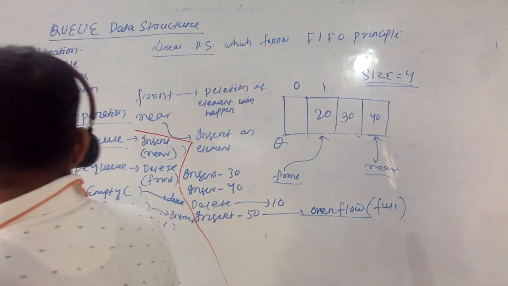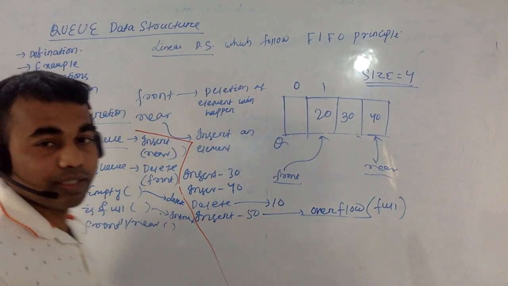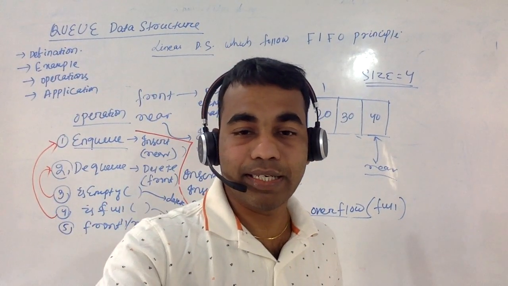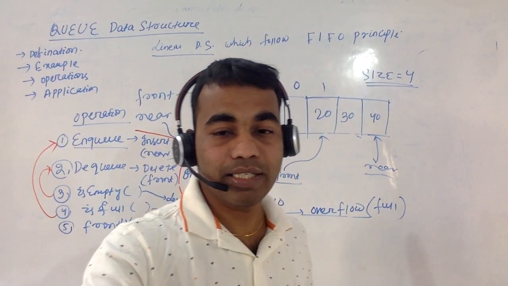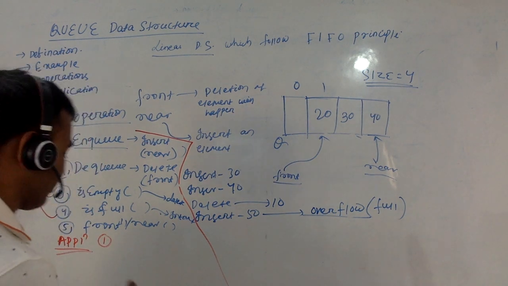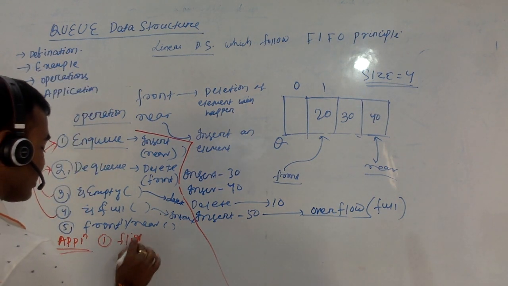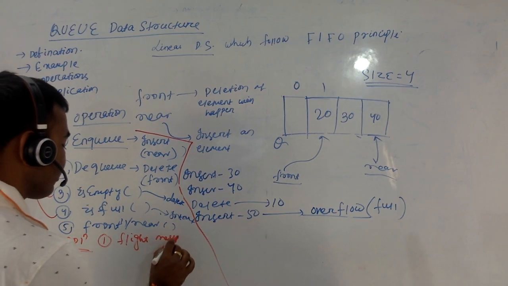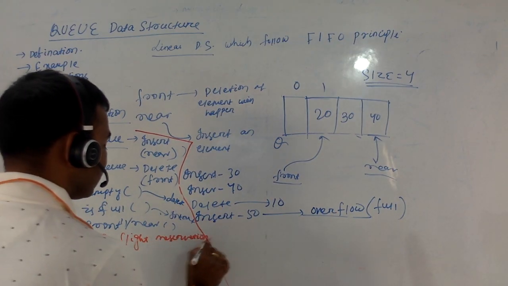And now coming to the applications. What are the different applications? Applications will be like I already told, basically wherever you need this. The best application is a flight reservation system.